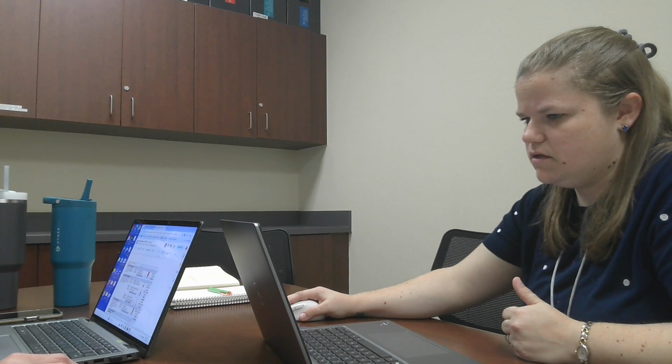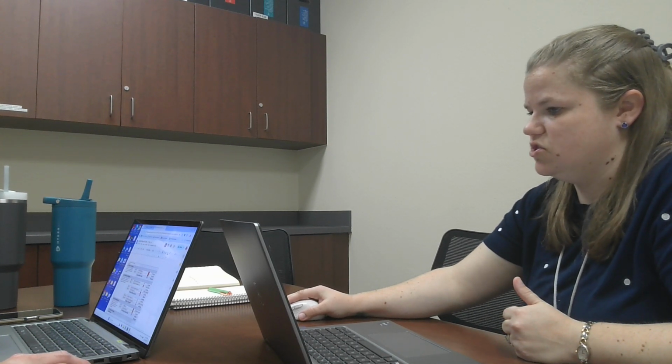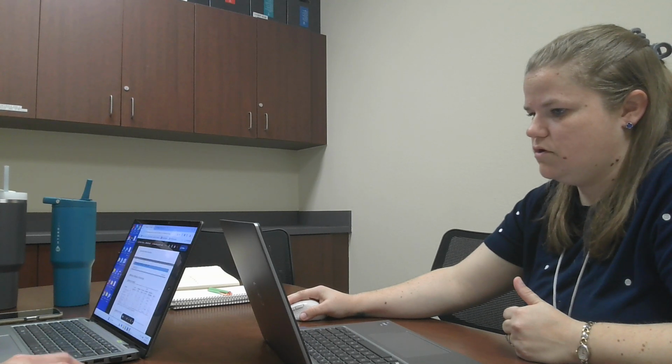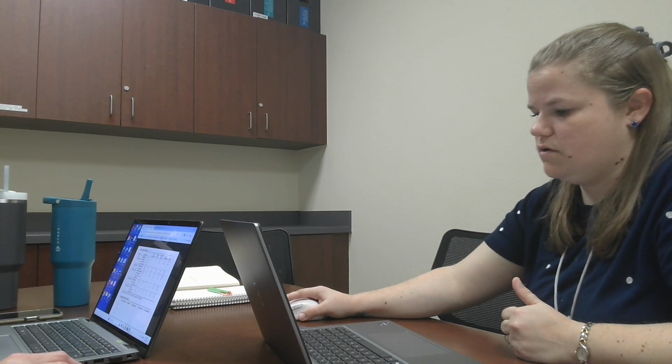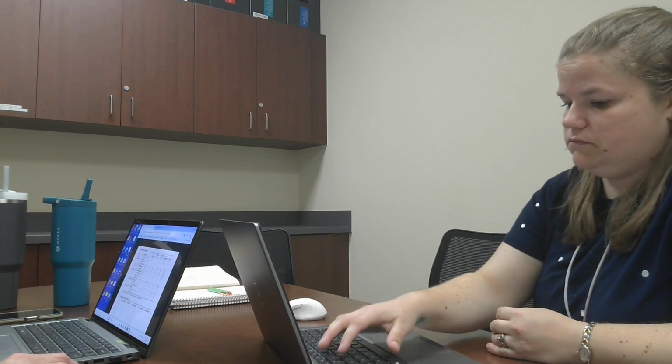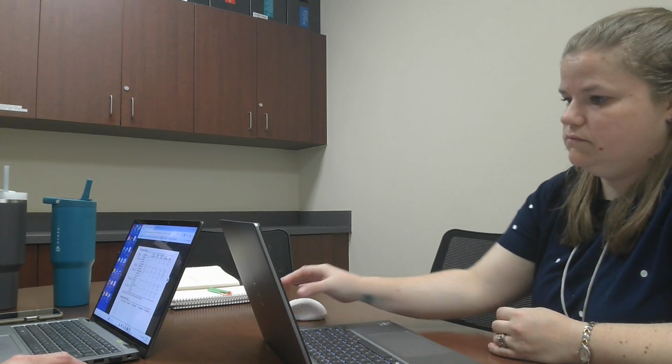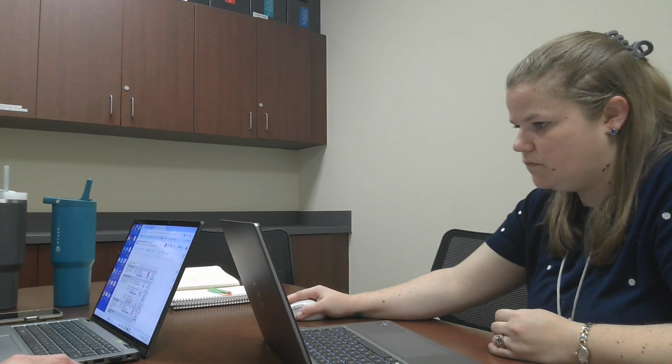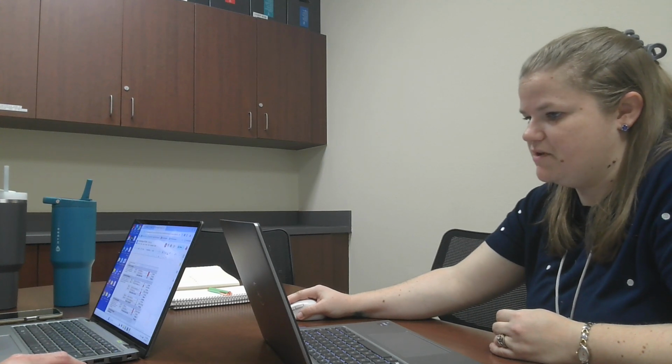Digit span. Forward or sequencing? It just says digit span. Just the digit span score. Just digit span is a 3. It's a scaled score of a 3. So just put a 3 in there and it should populate it. It came out of 65.